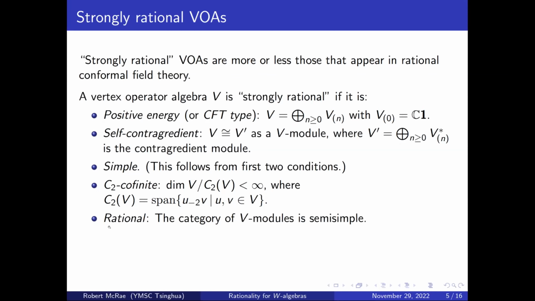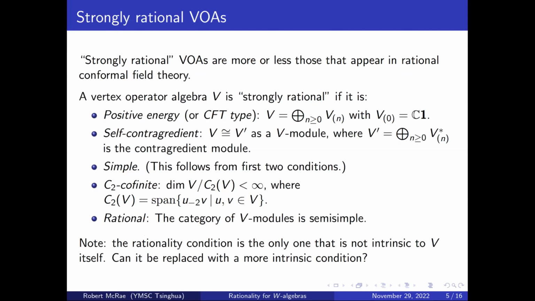And then finally, this condition of rationality, which is just that the category of V-modules is semisimple. I will note here that this last condition of rationality is really the only one that is not intrinsic to V.